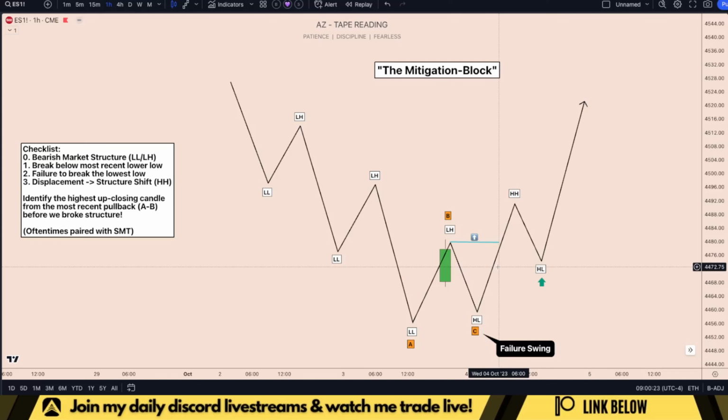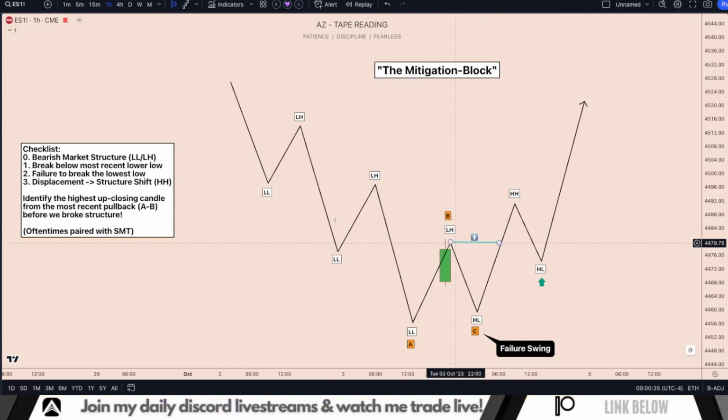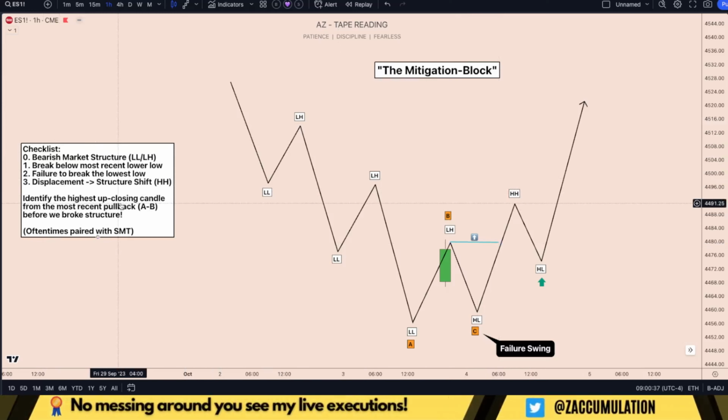But then, same steps. We get our displacement from C, forming a new higher high, so we break above our most recent lower high right here with B. We close above it, we shift market structure, and then we identify the highest up closing candle from the most recent pullback, which would be from A to B, lower low, lower high.